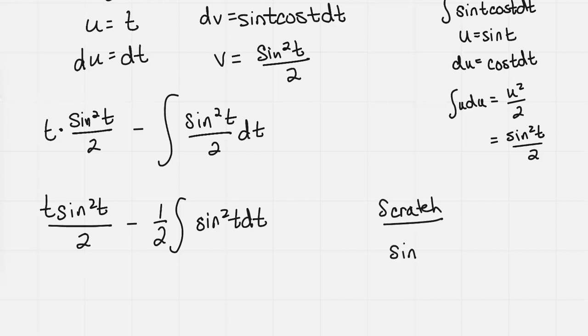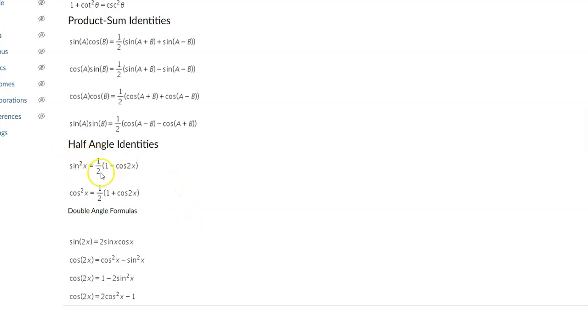So sine squared t, if I use my formulas that I have for my trig integrals, I'm going to go back to one of those identities. So these formulas are everywhere, but I happen to have them in this nice one spot here.